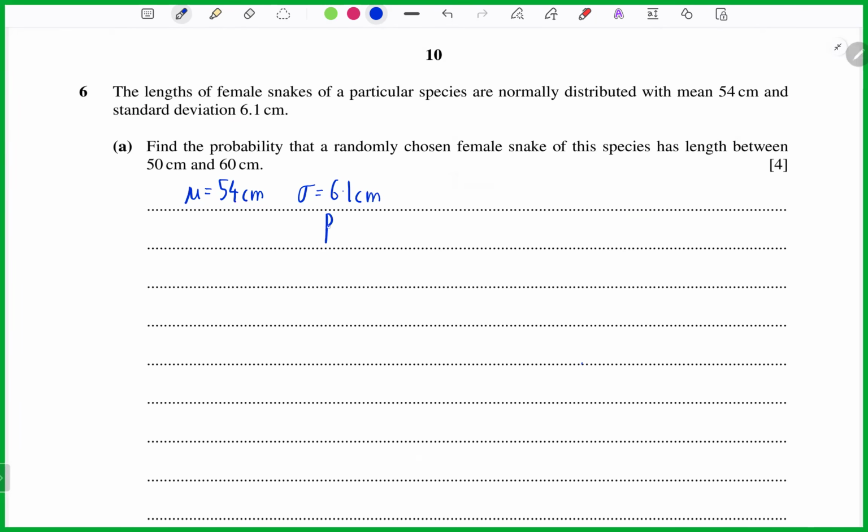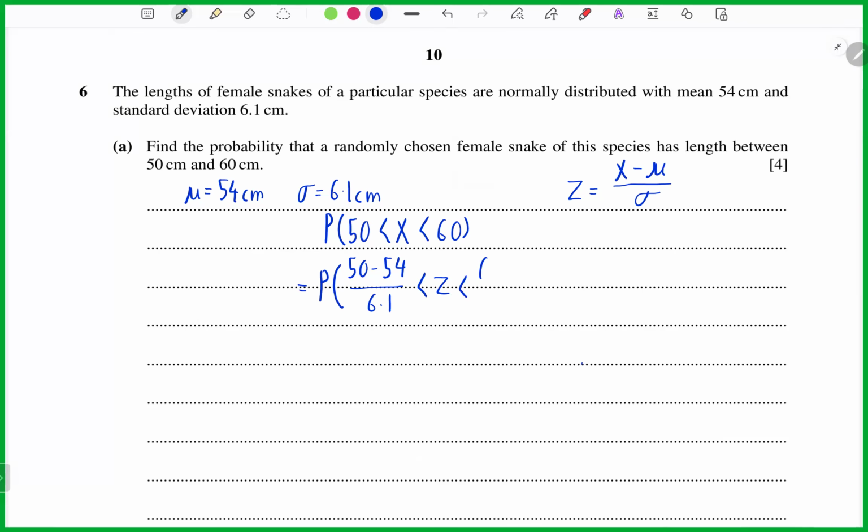So now I try to write out the normal variable first: 50 less than x less than 60. Now we need to change to the standard normal variable to find the probabilities. So you can take 50 minus 54 divided by 6.1, because standard normal equals the normal variable minus the mean divided by the standard deviation.